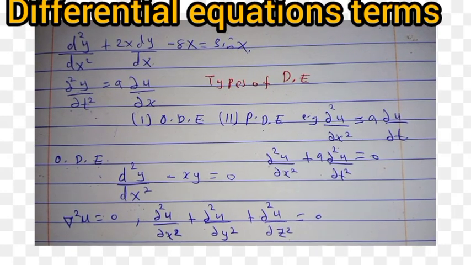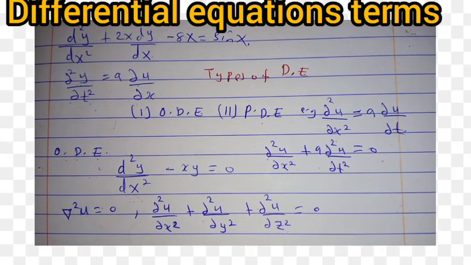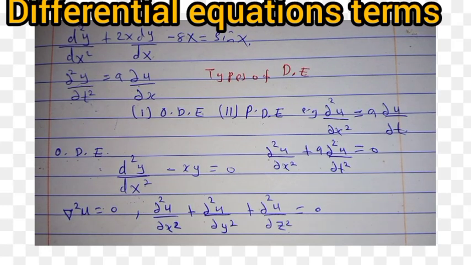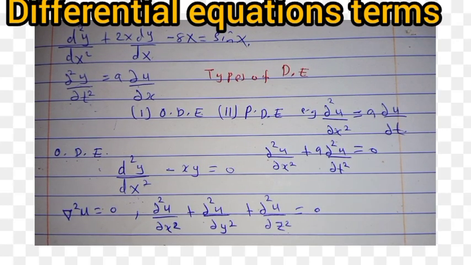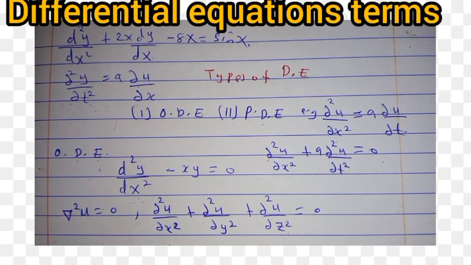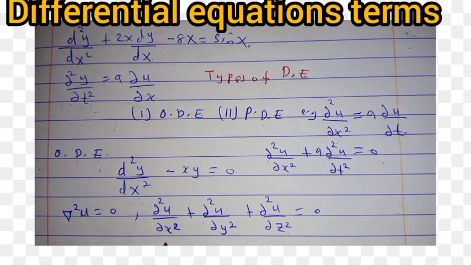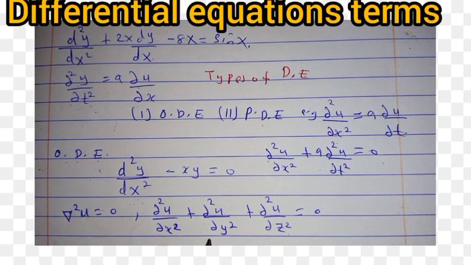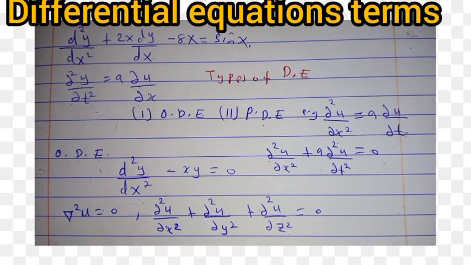This is a partial differential equation because we have the dependent variable, which is the function u, and it is depending on x, y, and z. This is in 3 dimensions.